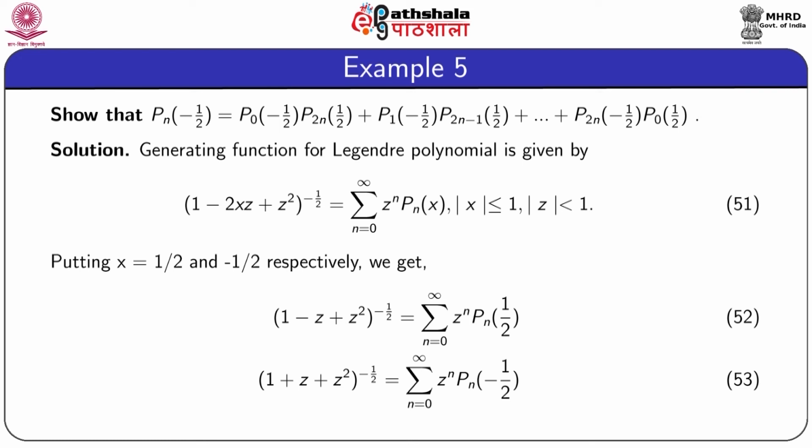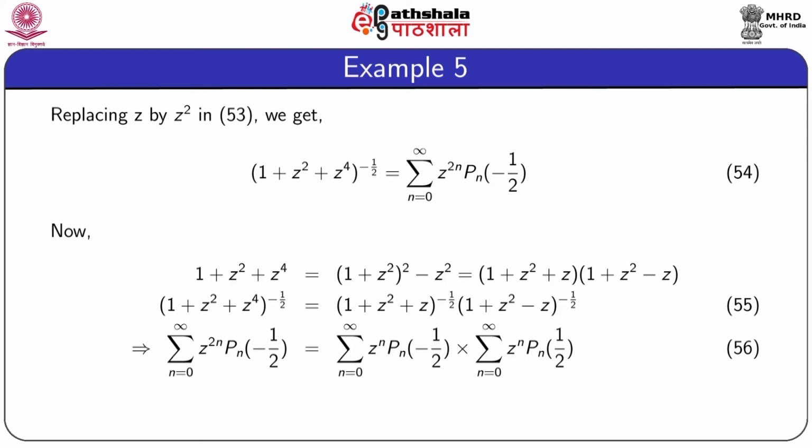Next, you replace z by z square in expression number 56, and if you do that, you will be getting (1 + z^2 + z^4)^(-1/2) equal to summation n equal to 0 to infinity z^(2n) P_n(-1/2), given by equation 57.